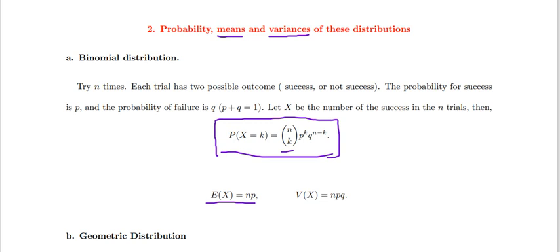For example, if this exam has 100 questions, you try 100 times, and each has probability 1 over 4 of being correct. Among 4 trials you get 1, so 100 divided by 4 is 25.